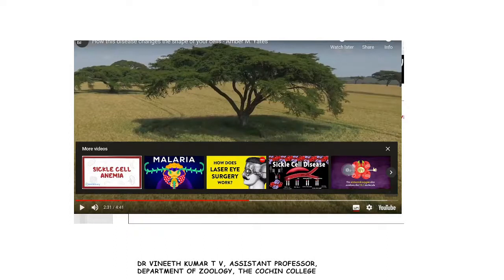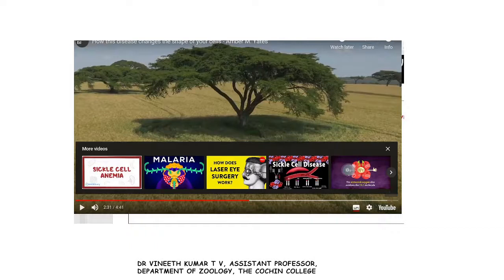So from the point of view of the malarial parasite, it can infect only half of those RBCs for harboring this particular malarial parasite. As a result, such individuals are at a very low risk for malaria. So this evolved as an adaptation, but it became a life-threatening condition when it evolved as a homozygous recessive condition.